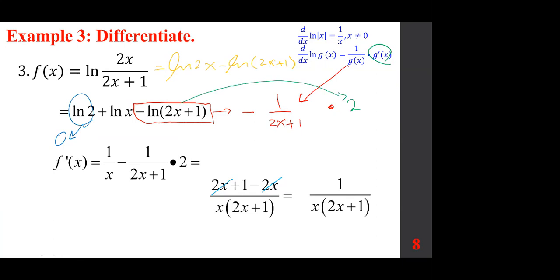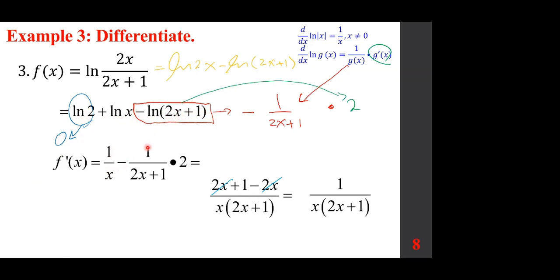Okay, class. So again, algebraic techniques using logarithmic properties to decompose. 1 by 1, ln 2 is a number. The answer is 0. ln x is 1 over x minus, so the sign remains.